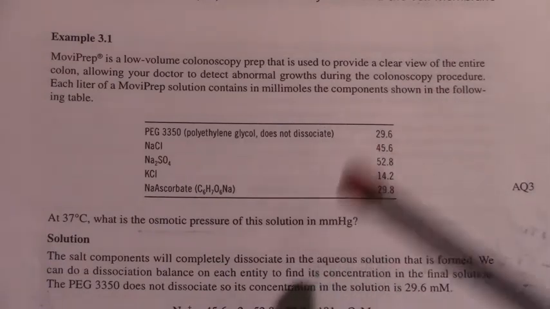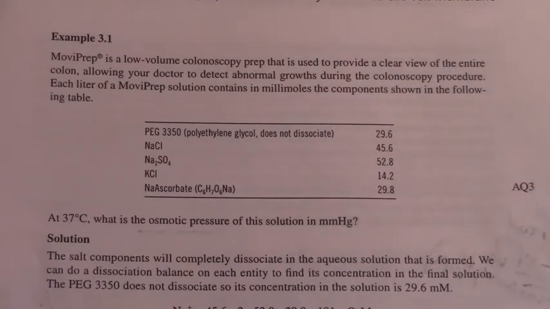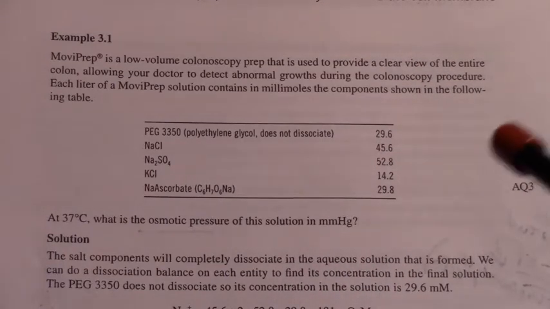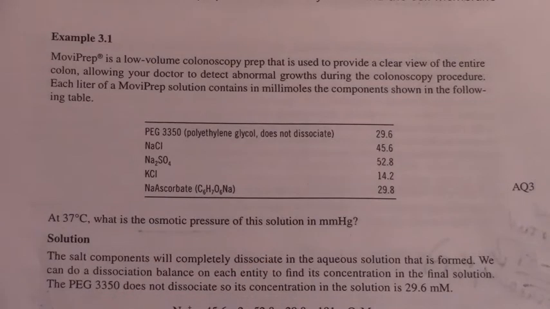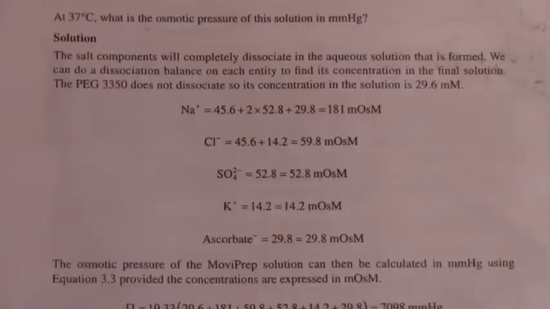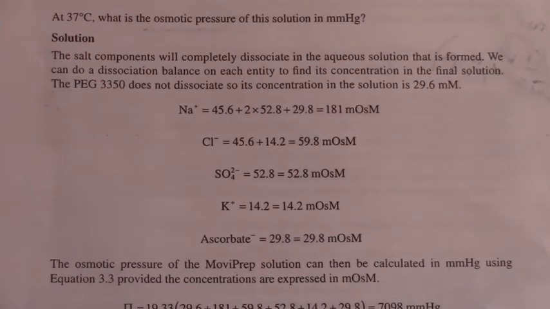So this is a case where we can use that quick and dirty formula that I showed you on the previous page. We just have to figure out the concentrations of all the entities, and that's what I show next under the solution section of this.